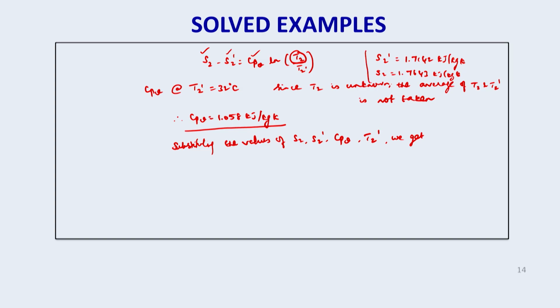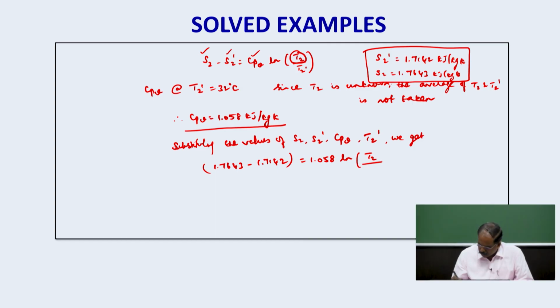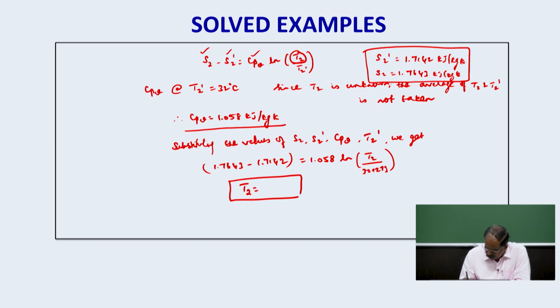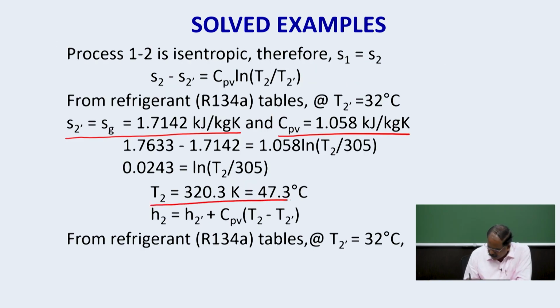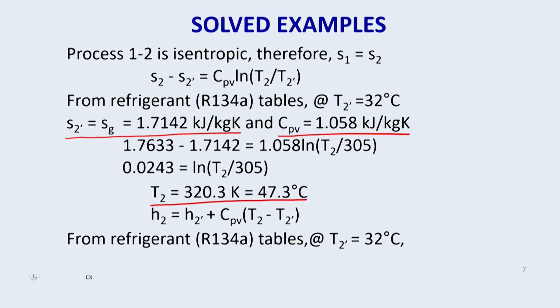Substituting these values: 1.7643 minus 1.7142 equals Cp of vapor, 1.058, into ln of T2 by T2 dash. T2 is unknown, and T2 dash is 32 degrees centigrade; we have to convert it into Kelvin, so 32 plus 273. Solving this, we get the temperature T2 as 320.3 Kelvin, which is equal to 47.3 degrees centigrade.